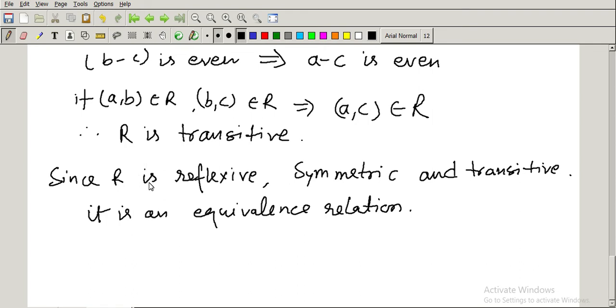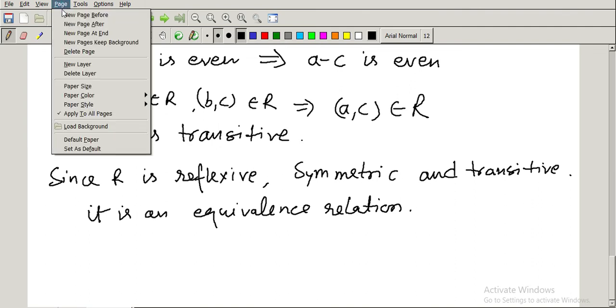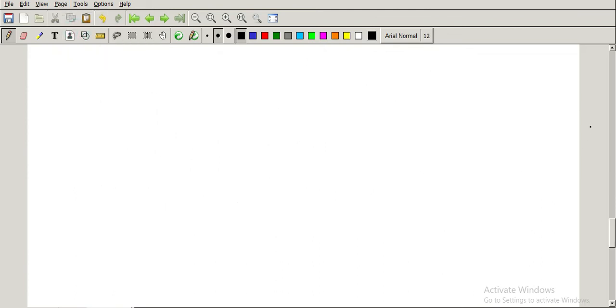So question 3 is to check it for equality. Let me add another page at the end.